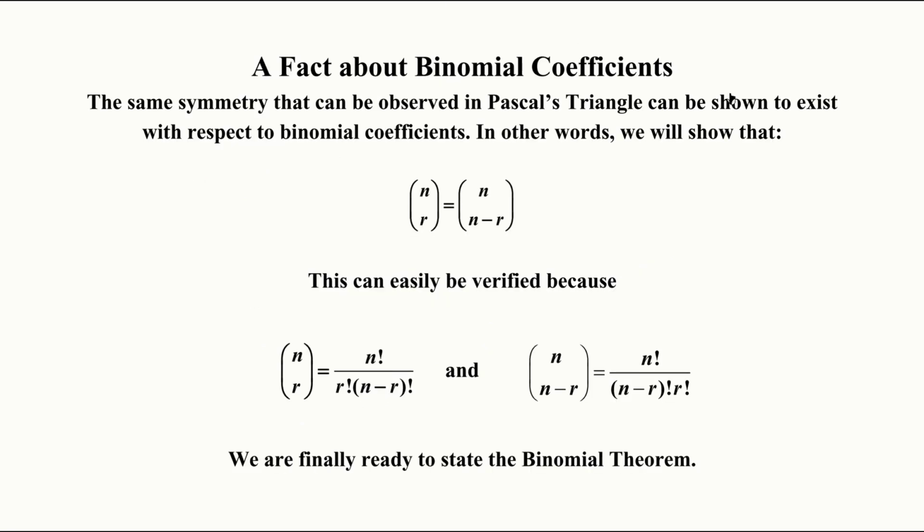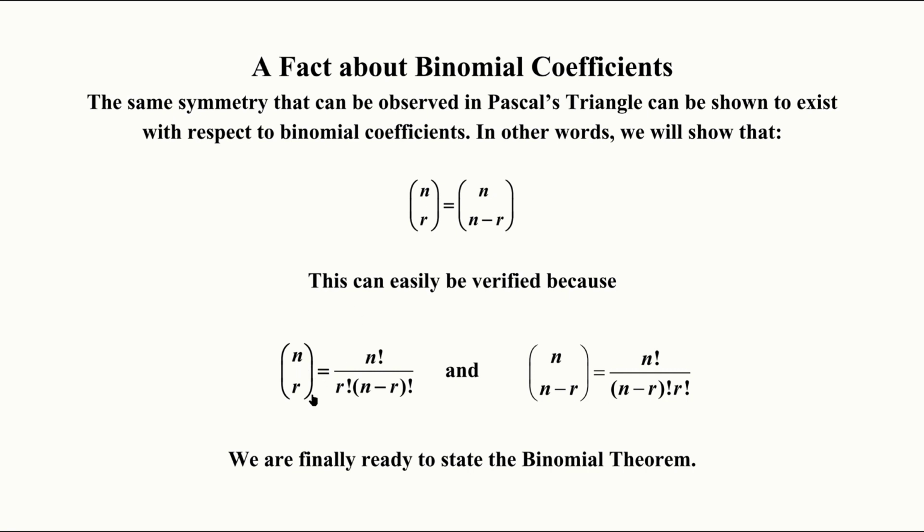So what we've just done, the past couple of examples, should have made you realize that we have a symmetry very similar to what we've observed in Pascal's triangle, which is basically n choose r is the same as n choose n minus r. Why is that?